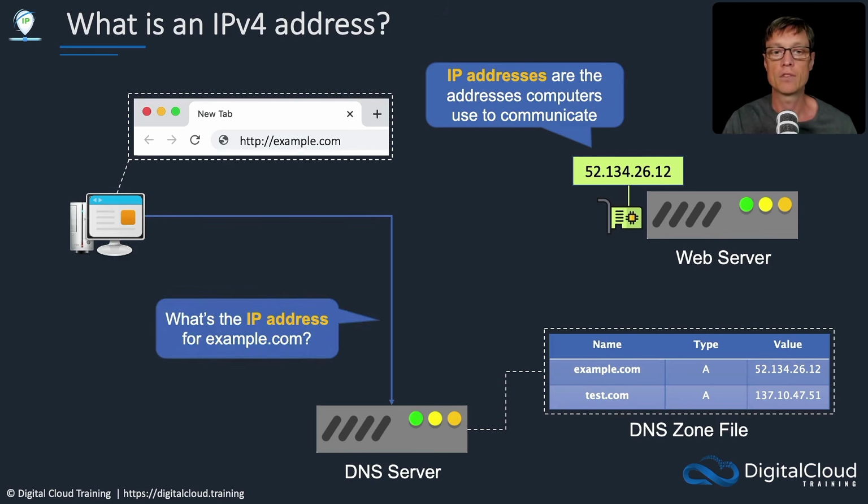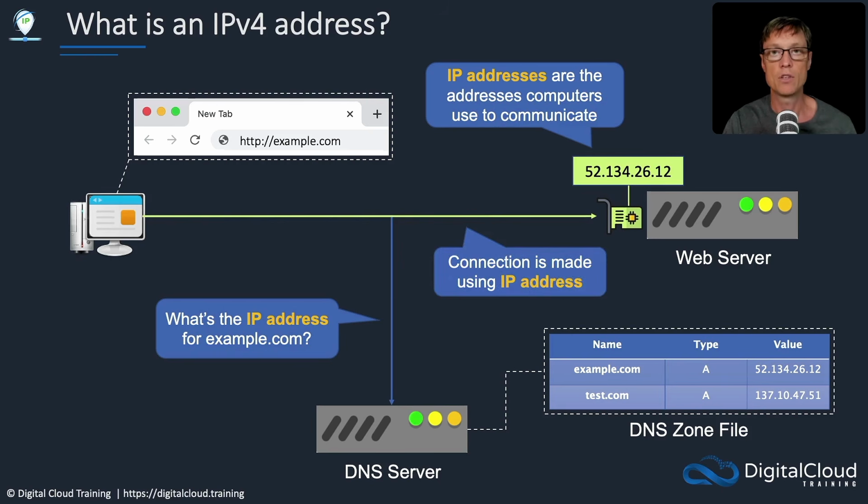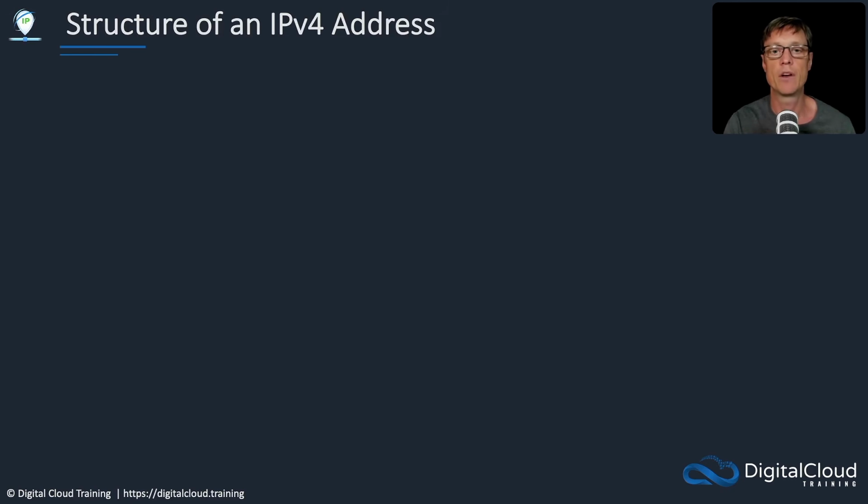Once your computer has the result, it's then able to connect to the web server using the IP address. So this is domain name resolution, where you're resolving a name, a nice friendly name that you can remember easily, into an IP address, which is less easy to remember, but it's the way computers actually communicate with each other. Let's move on to the structure of an IP address.